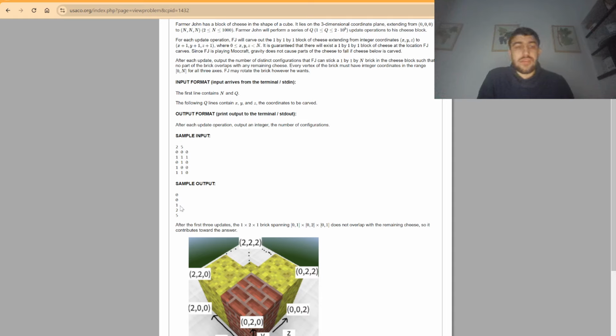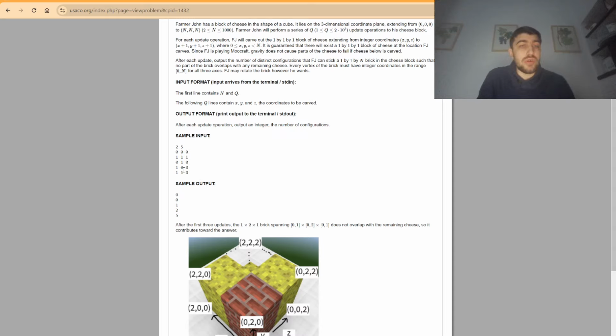And if we look at the third day, we will see that the answer is 1. And the reason the answer is 1 is because we have the first and the third update, which removed the cheese blocks from the 00xz plane. And because of these two, now we know that everything here is taken away. They guarantee us that we don't have duplicates, so we don't have to check that additional case.